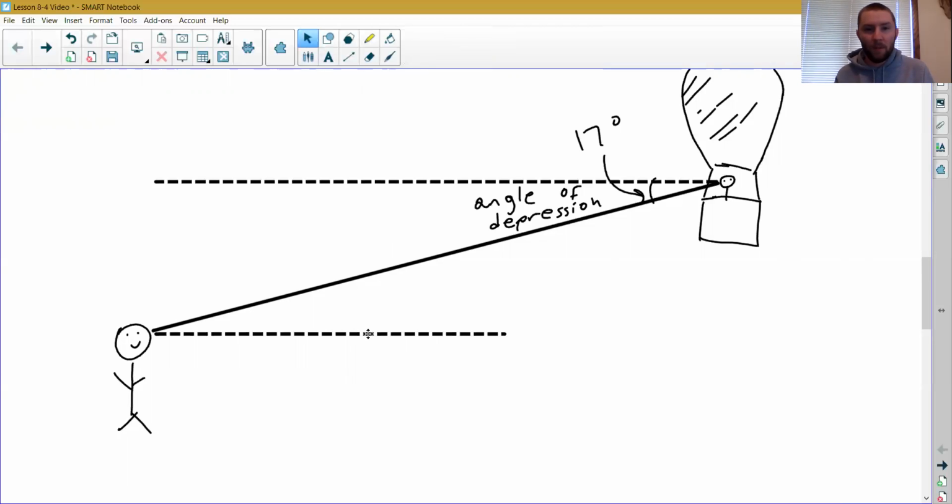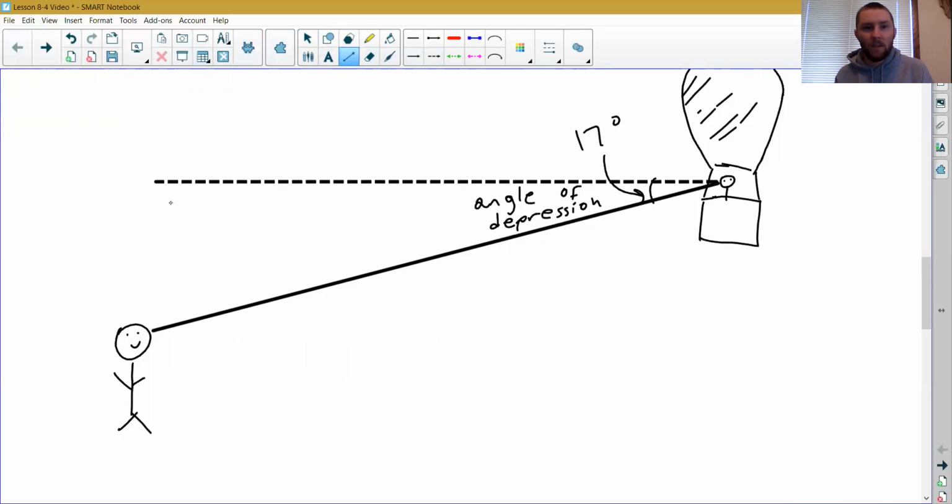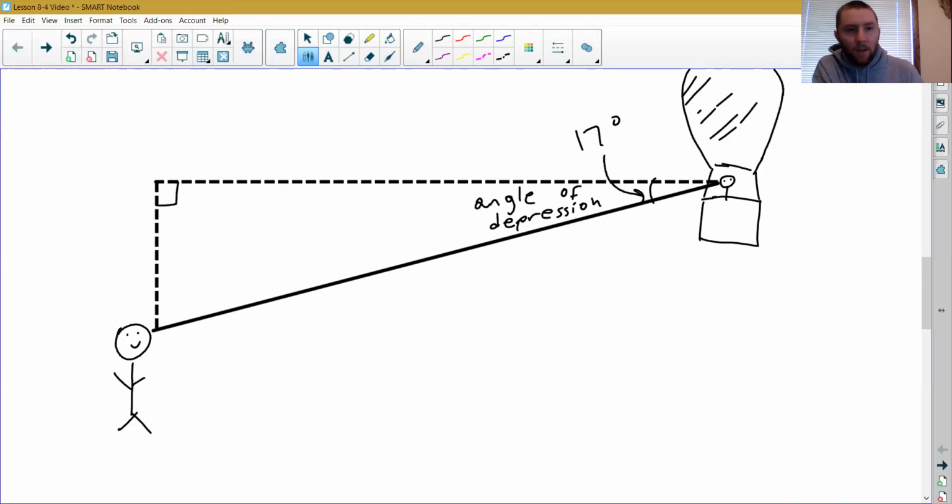If I just take that and get rid of that, and just do this, by dropping that vertical line down, I have created a right triangle. One thing I want you to notice in this right triangle, here's my 90-degree angle, the straight line distance of eyesight between these two people is my hypotenuse.